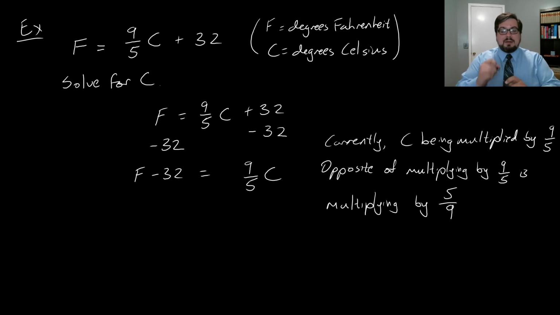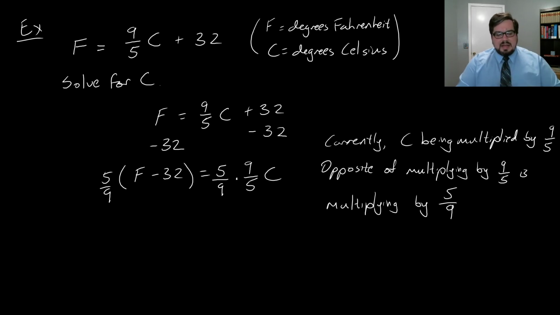So if I'm multiplying by 9/5 currently, I can undo that by multiplying by the reciprocal of that fraction. So what I want to do in this case is I actually want to multiply both sides of this equation by 5/9 and go from there. This is going to turn out to be a lot less work than dividing by 9/5. So when we're working with fractions, usually instead of dividing by fractions, we want to multiply by their reciprocal because it means the same thing. It does the same thing.